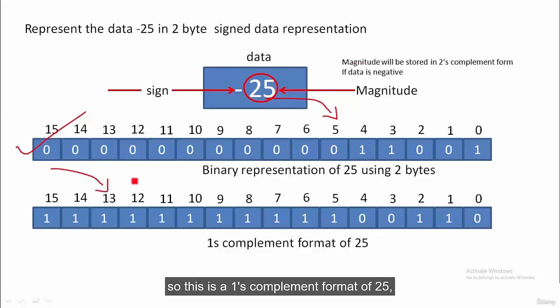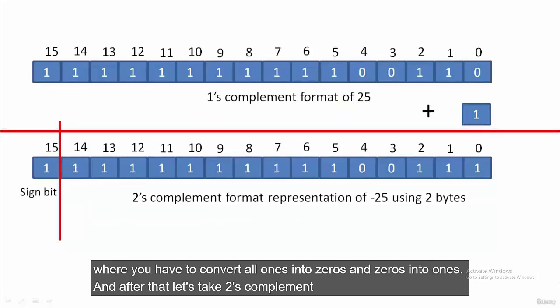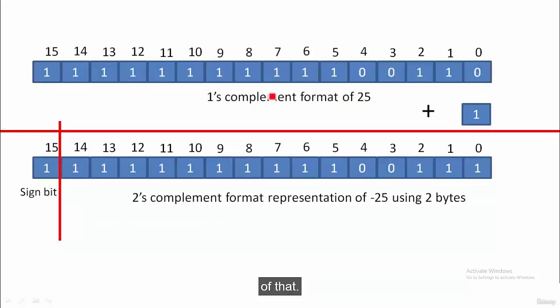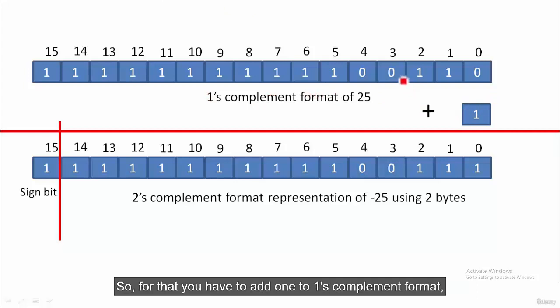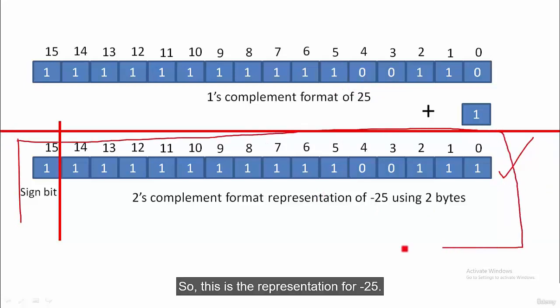So this is the ones complement format of 25, where you have to convert all ones into zeros and zeros into ones. And after that, let's take the twos complement of that. For that, you have to add 1 to the ones complement format. You get the twos complement format. So this is the representation for minus 25.